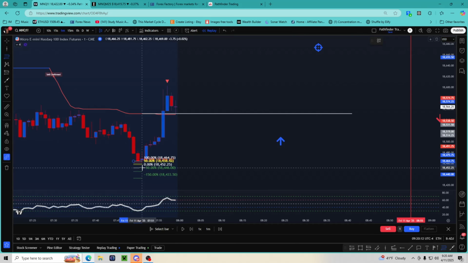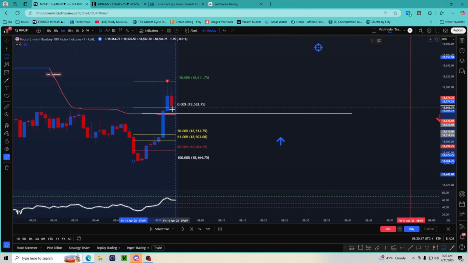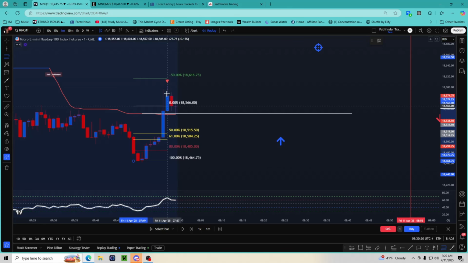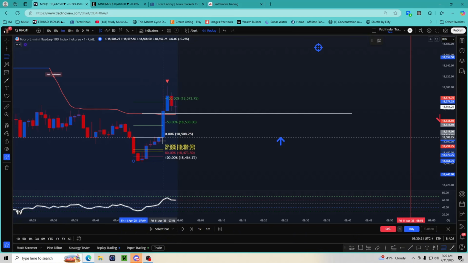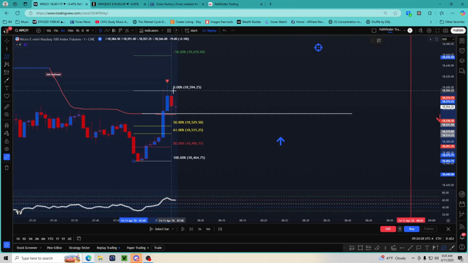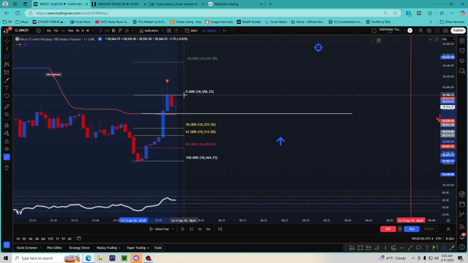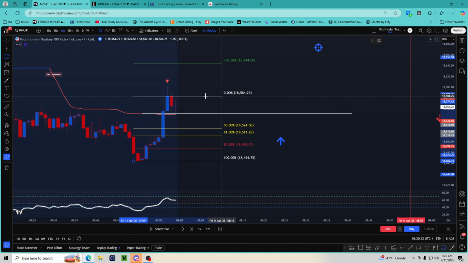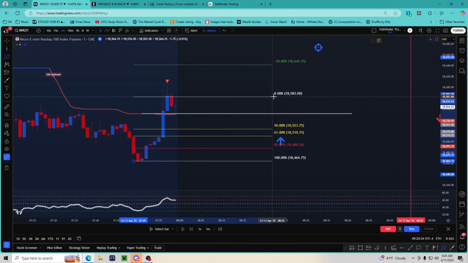You're going to drag up because now it's broken the trend to the downside, and so now we're looking for bullish moves. So drag from the bottom candle that started the move here, drag up, and go to the top of the candle body. So not the wicks, but the body, okay?